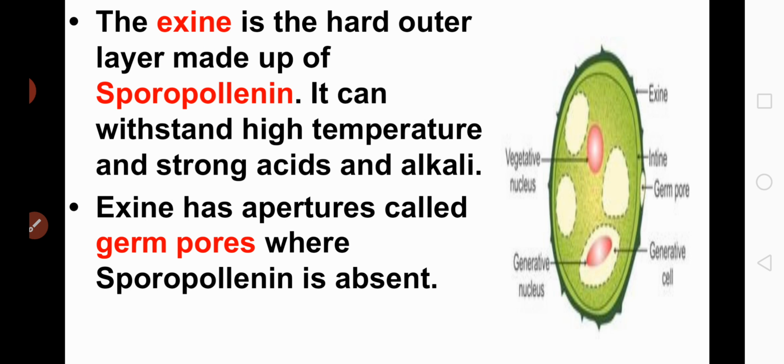Clear? Now, the exine is the hard outer layer made up of sporopollenin. It can withstand high temperature and strong acids and alkali. So, exine has apertures called germ pores where sporopollenin is absent.